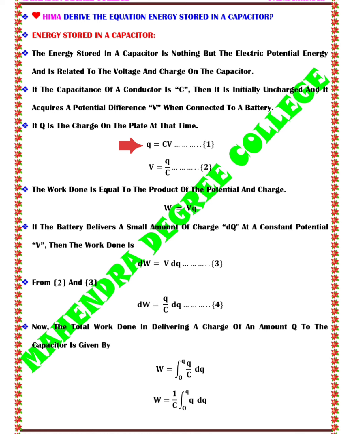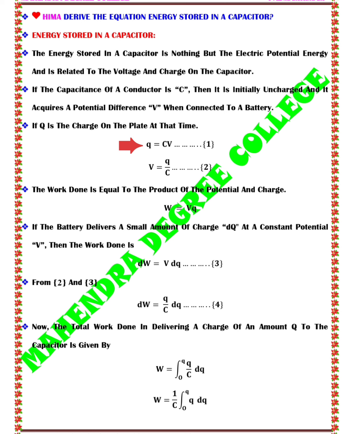This equation states that the charge stored in a capacitor is directly proportional to the voltage applied across it, where Q represents the charge stored on the plates of the capacitor, measured in coulombs.